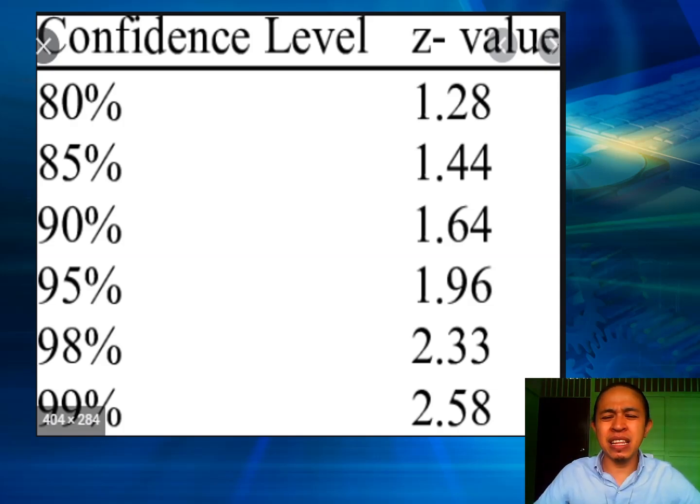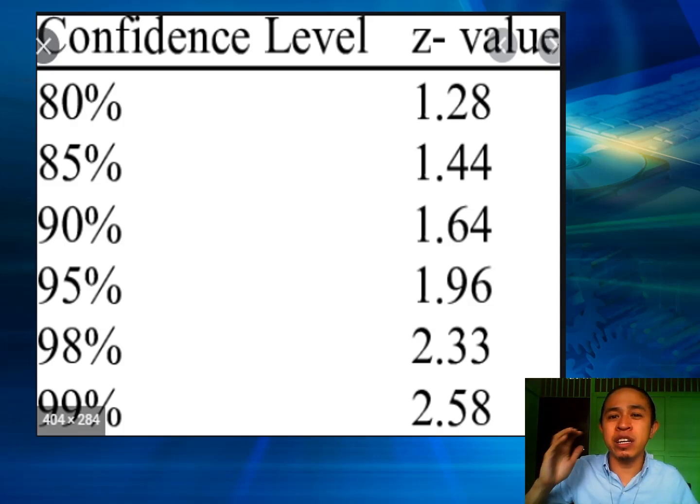Think about this: if we increase the level of confidence even to 100%, it means that the interval will become wider. And as the interval becomes wider, it becomes less accurate.